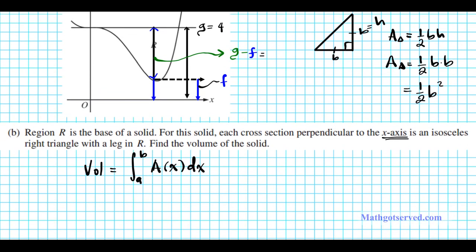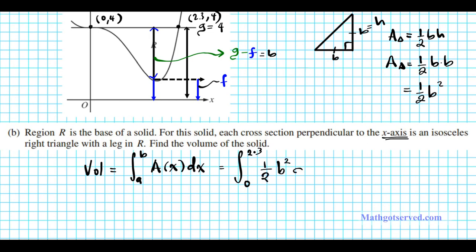We have area is equal to the integral from the lower limit. We already calculated this as being 0, 4 before. We're looking at the x-coordinate since we're perpendicular to the x-axis. From 0 to this point is 2.3, 4. From 0 to 2.3 times the area of the isosceles right triangle, which is 1/2 base times base, 1/2 b squared dx.